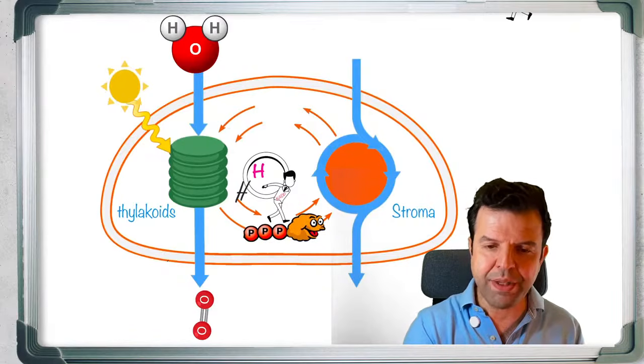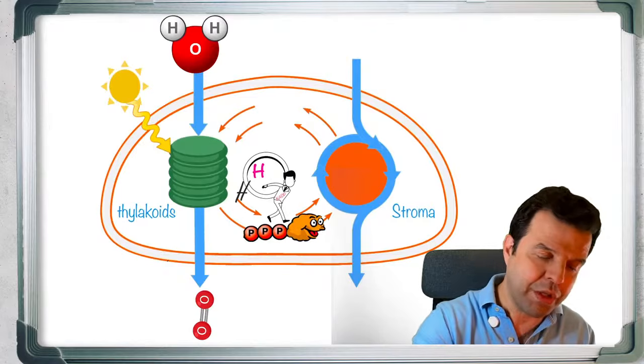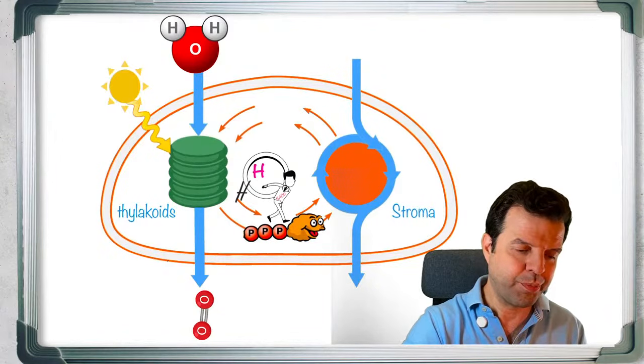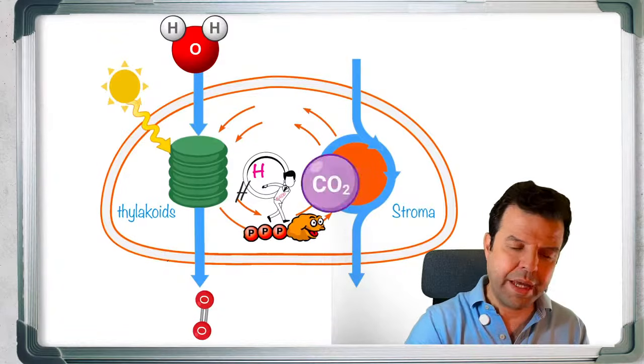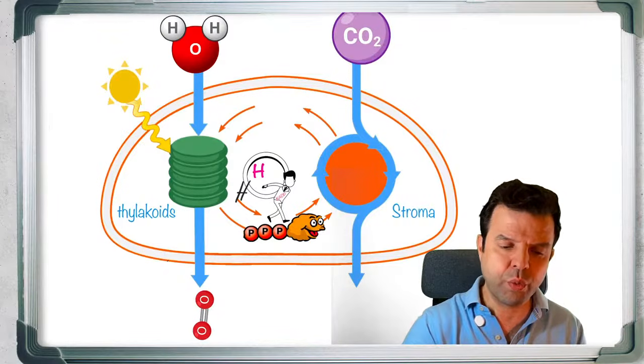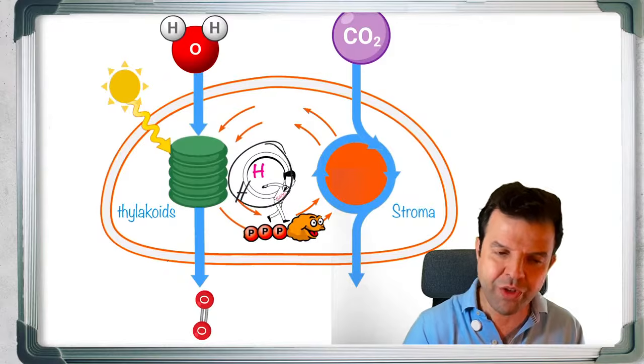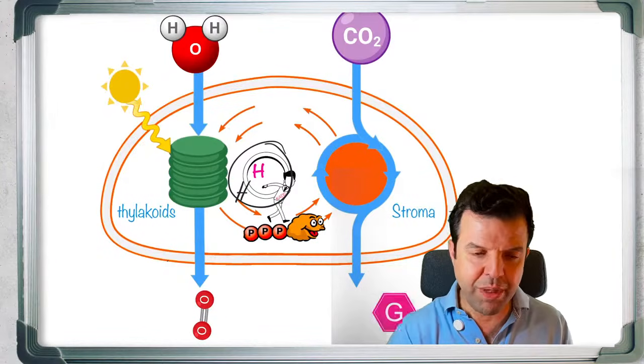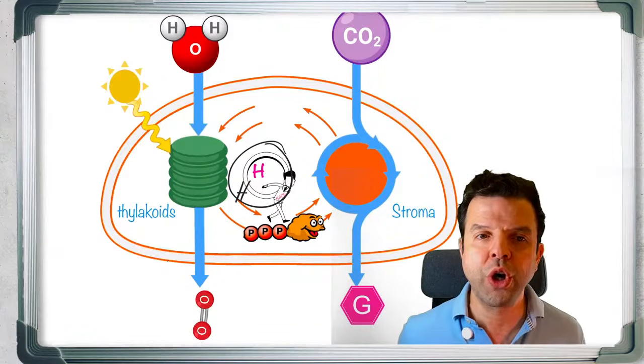What's going to happen there in the stroma? As I said, we're going to take a molecule of carbon dioxide from the air, and this carbon dioxide will be attaching to the hydrogens with an input of energy to give me a molecule of glucose.